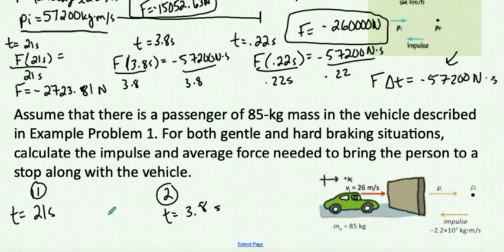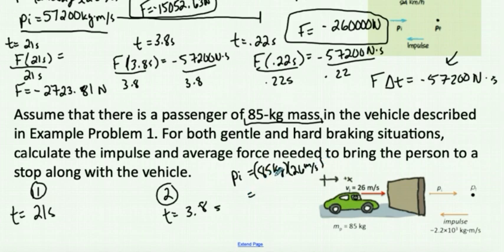So in this scenario, we're looking at just using the person. We're trying to figure out the momentum on the person here, the impulse on that person. So if we have our momentums here, let's figure out our initial momentum here. So we are going 26 meters per second. So it's mass times velocity, which is 26 meters per second.